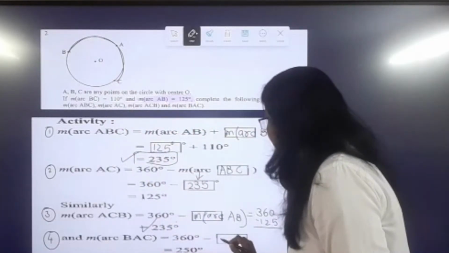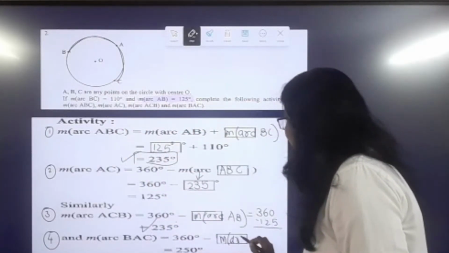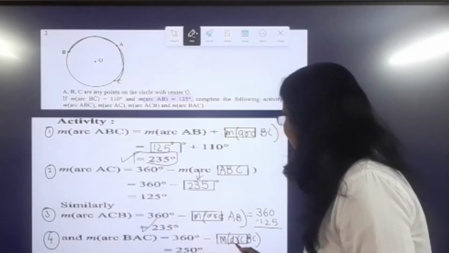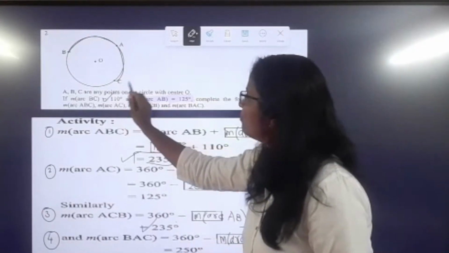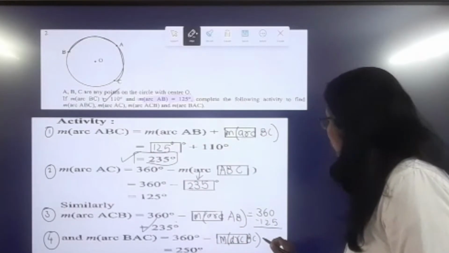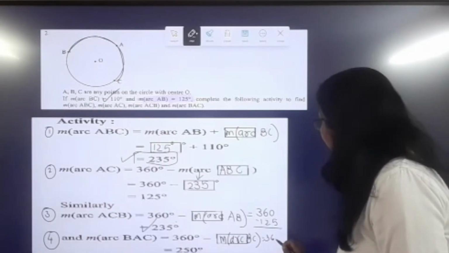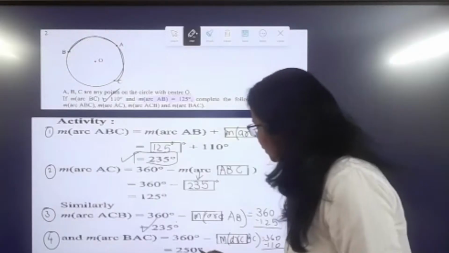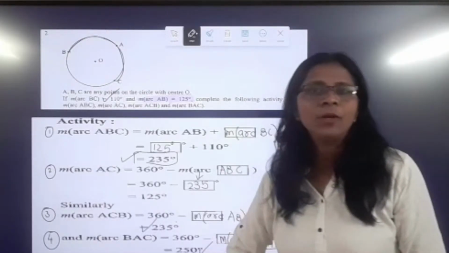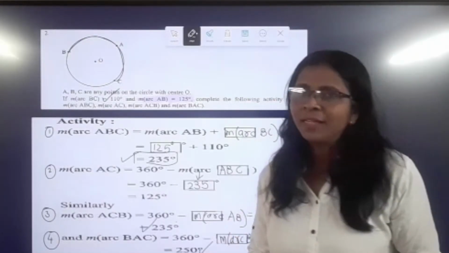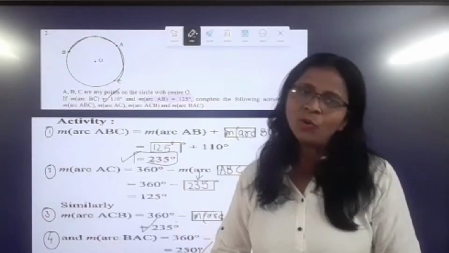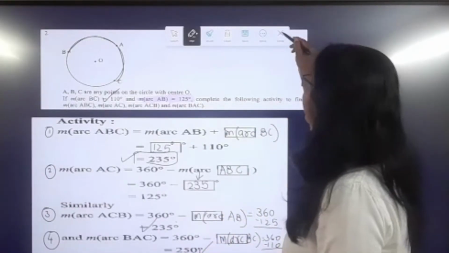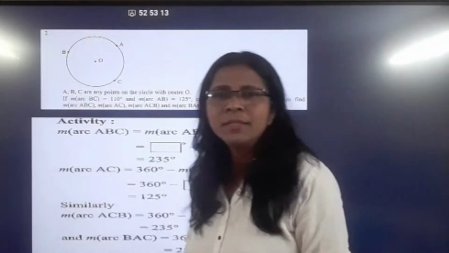Major arc BC is 110. So 360 minus 110 means 250 degree. So the fourth part is also covered, students. In such a way we can solve this activity which is based on the circle.